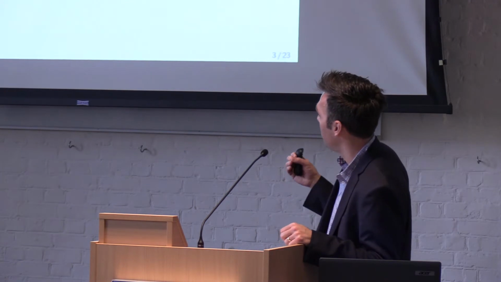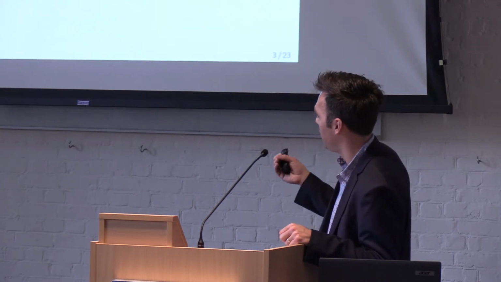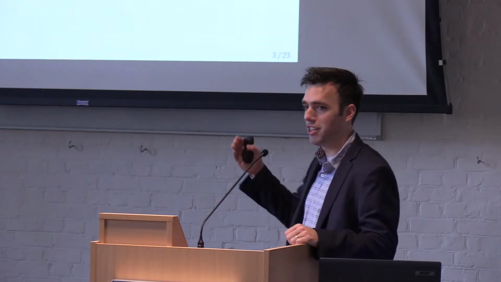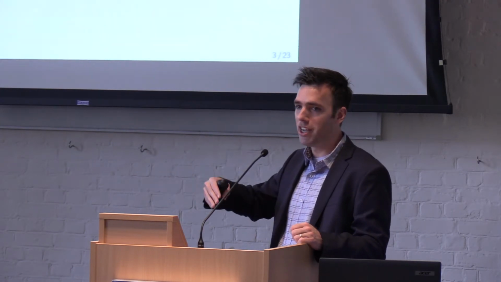But you'd like to use some combination of theory and the data you do have, which in this case would just be S1, to choose a policy or a rule I'll call E hat 1, because it has the data, so I put a hat on it. That gives you A1, you go to S2, now you have a little bit more data, and you still use theory, and you choose a rule E hat 2, and so on. And the idea here is that as time marches on, you'd like to rely more and more on data and less on theory.